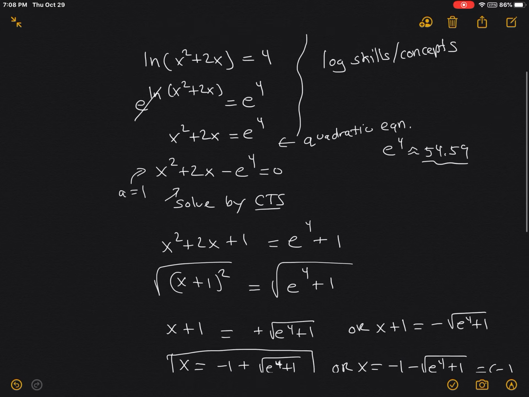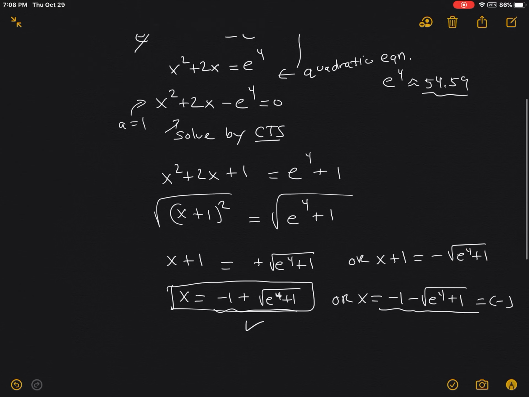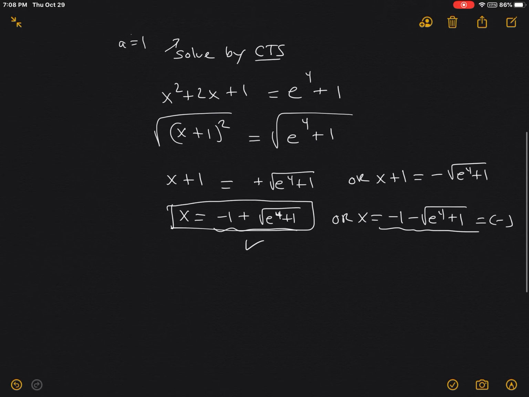You can enter this on your calculator, so you don't have to do it in your head. If it's negative and you try to plug it back in, that's going to make the argument negative. So this cannot be negative. This is actually a negative number. Let me explain what I'm talking about over here.